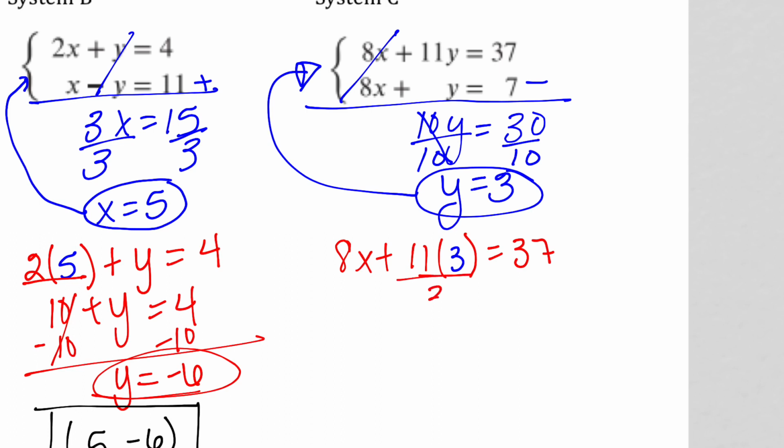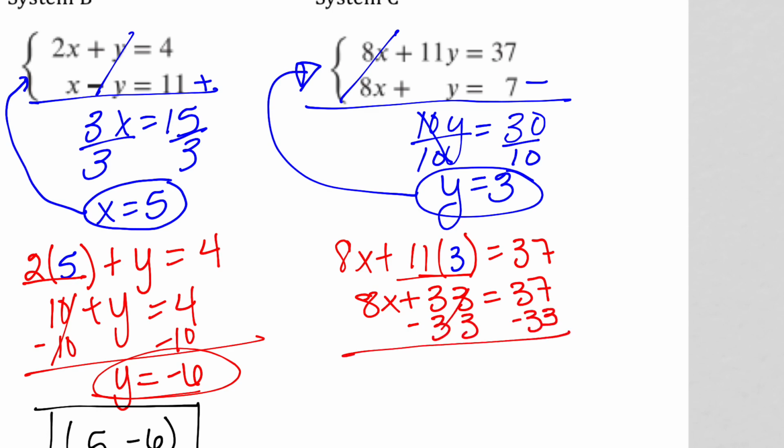What is 11 times 3? 33. What do I do now to solve for x? We're going to subtract 33 from both sides and get 8x equals 4.